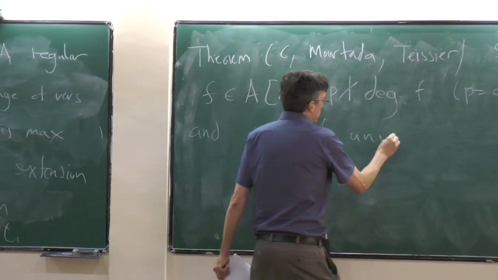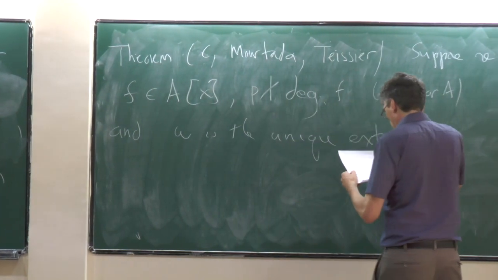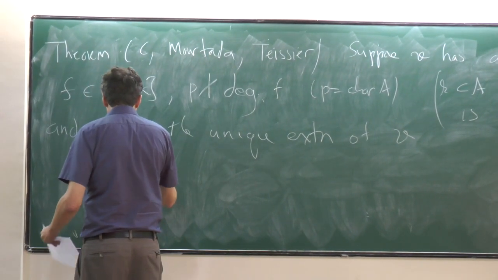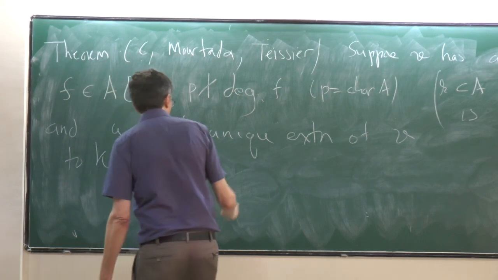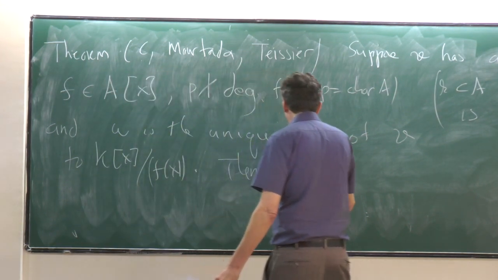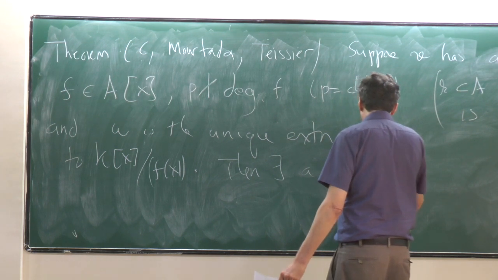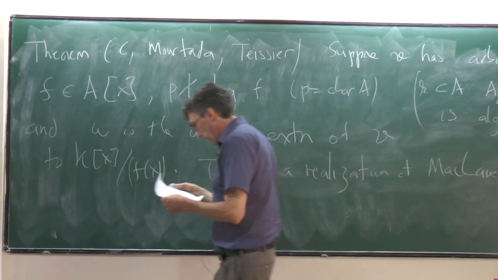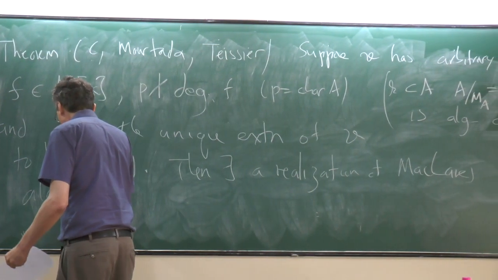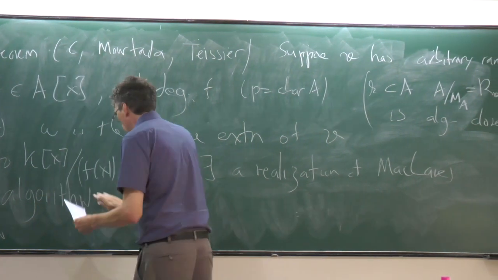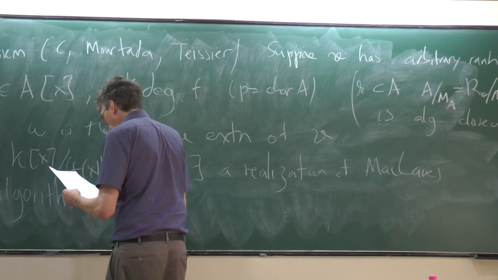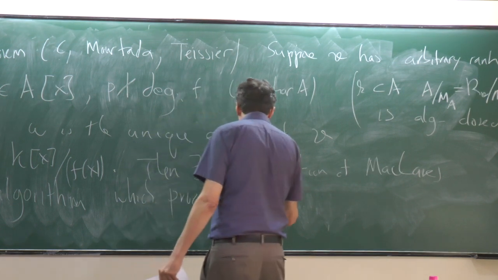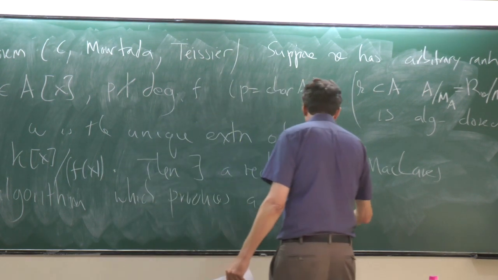Omega is the unique extension of nu to K(x) mod f(x). Then there exists a realization of MacLane's algorithm which produces a finite number of key polynomials.